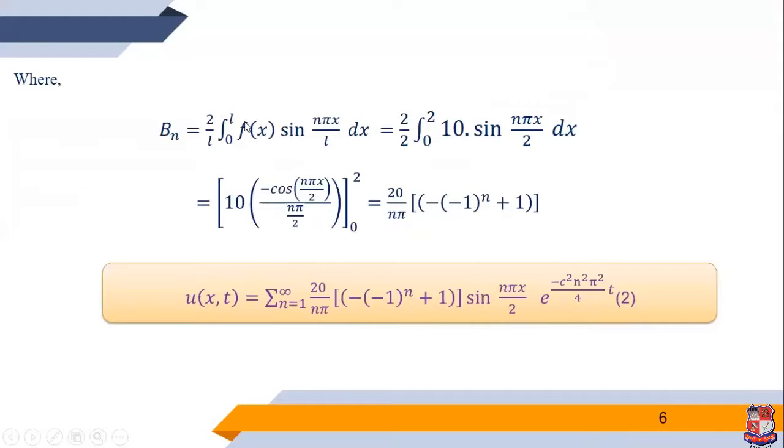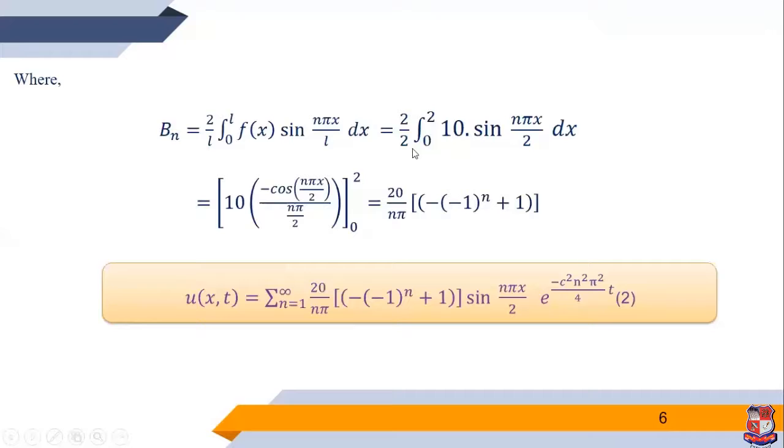In this problem, the length L is 2 and the initial temperature distribution f(x) is 10. So L is replaced with 2 and f(x) replaced with 10.